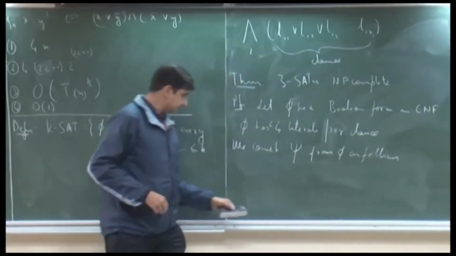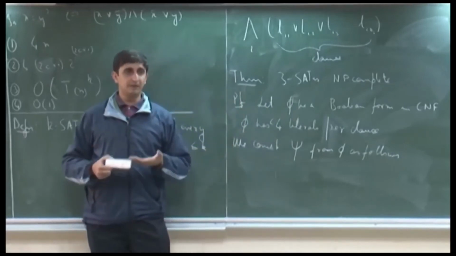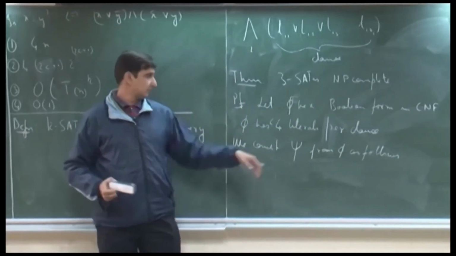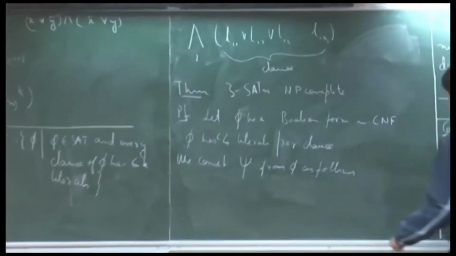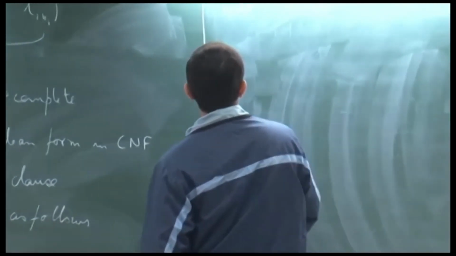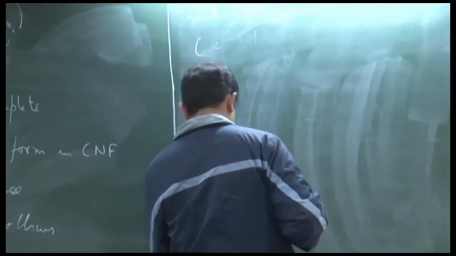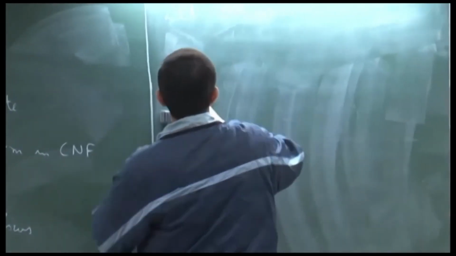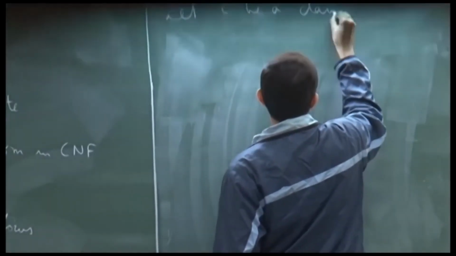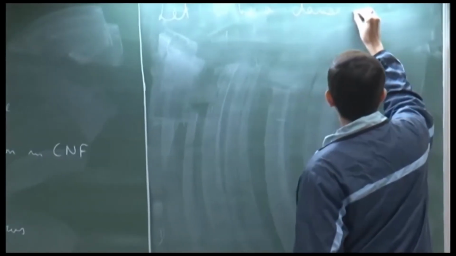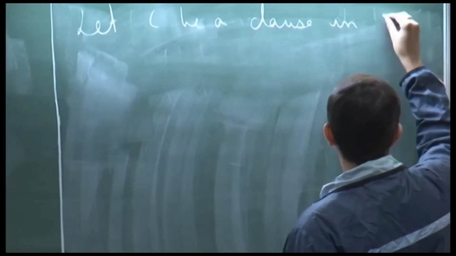The idea is that we go clause by clause. We pick each clause in phi and we reduce it to a set of clauses that are instances of 3 SAT. Let C be a clause in phi.